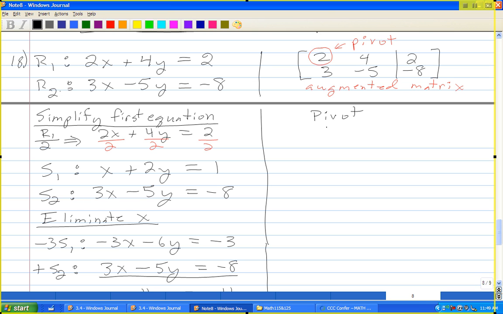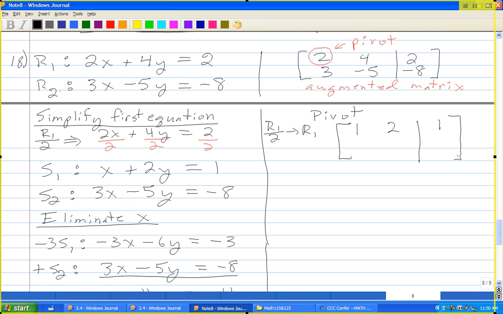What I'll do here is I will try to divide this first row by whatever number is my pivot. So I'll take the first row, divide by 2. It'll give me a new first row. 2 divided by 2 is 1, 4 divided by 2 is 2, 2 divided by 2 is 1.